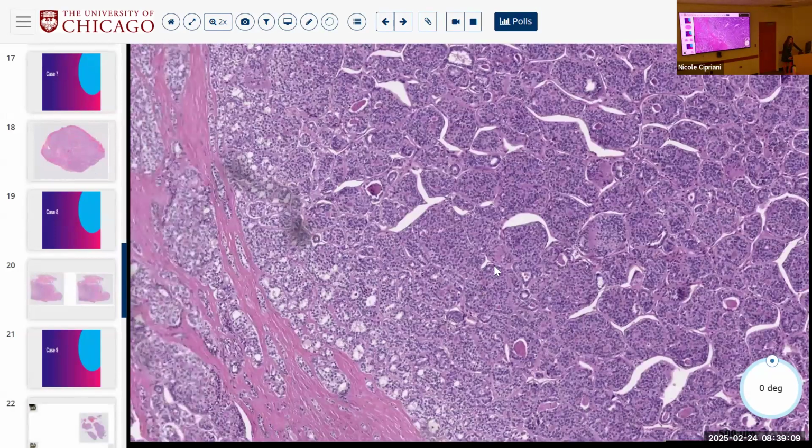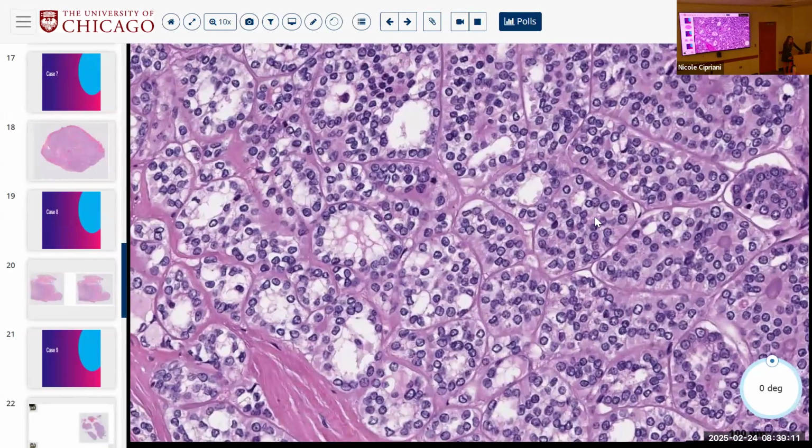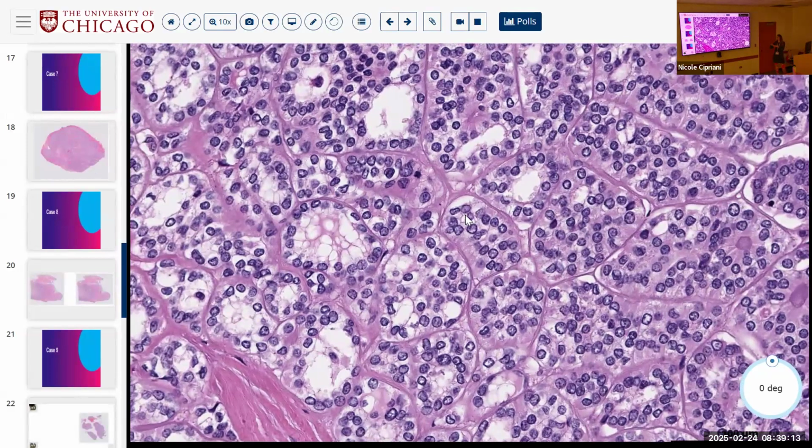If you wanted to prove the origin of these cells, they're not medullary: they're calcitonin negative, and TTF1, PAX8, thyroglobulin positive. Also, they don't have the elongated neuroendocrine-like chromatin of medullary, okay?